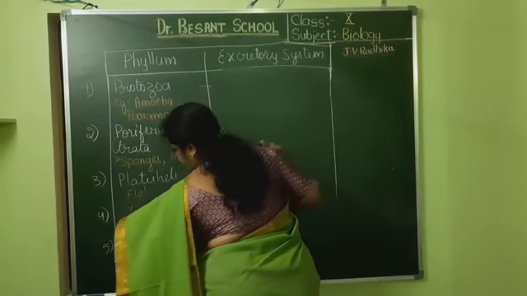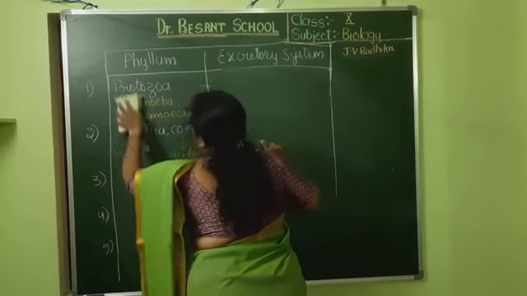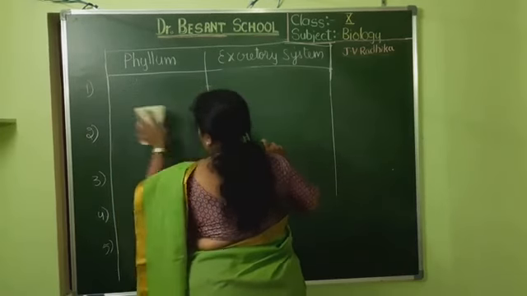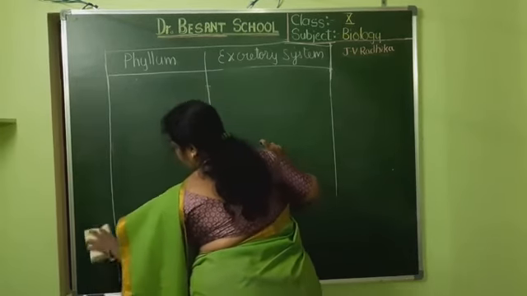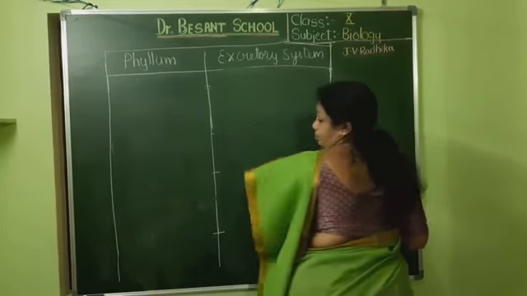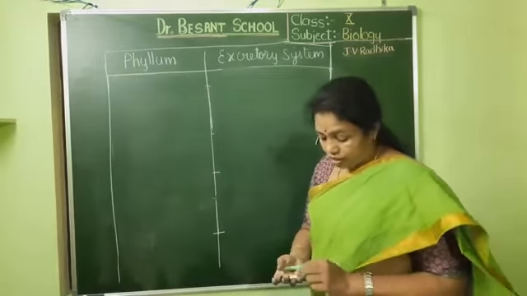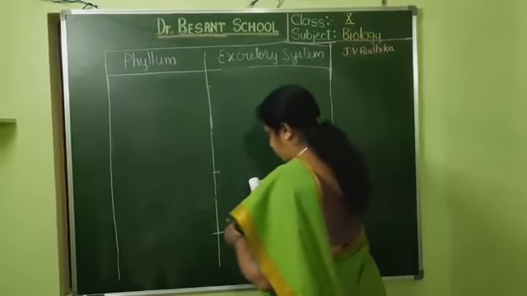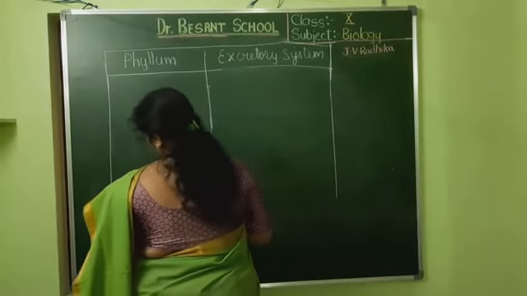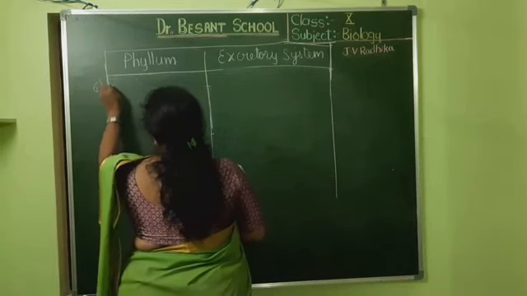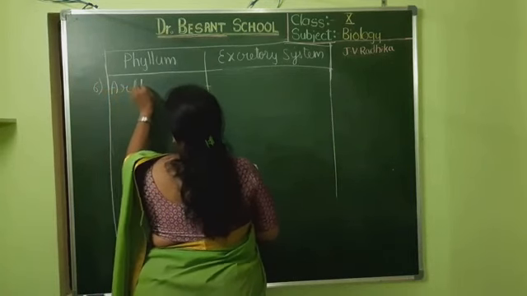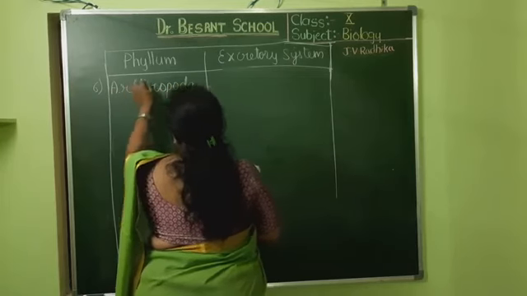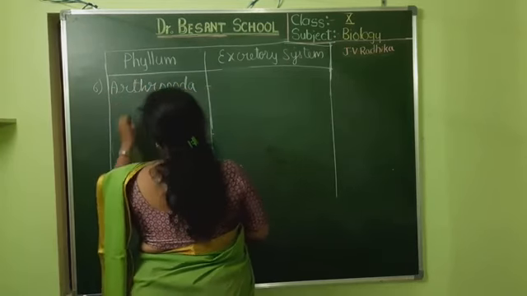Okay children, after Annelida comes Arthropoda. Example, easy to remember, cockroach.